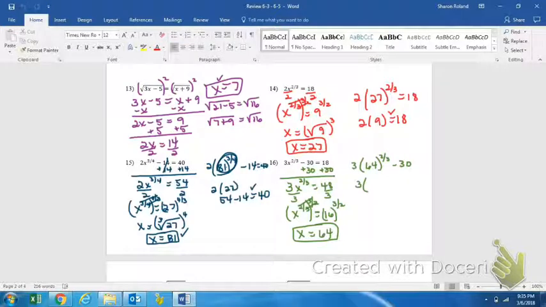I don't have a calculator, but 64 to the exponent 2/3 would be 16, so 3 times 16 is 48, minus 30 is 18, which is what we're supposed to get, so this is a good answer.